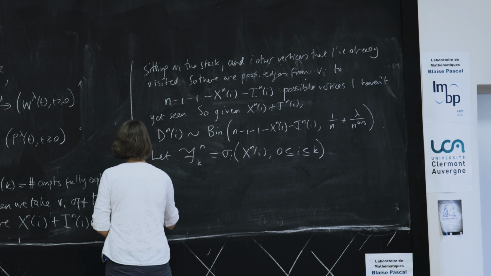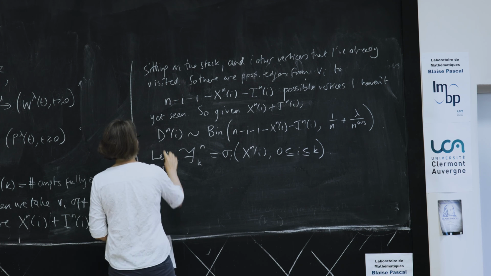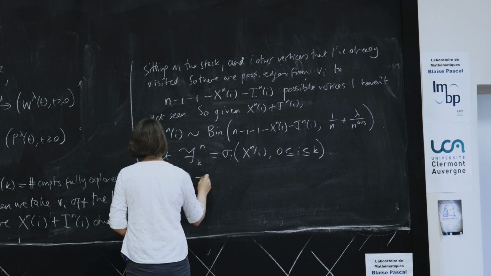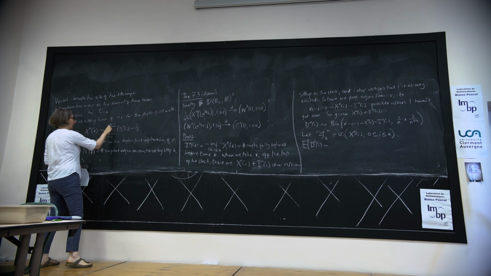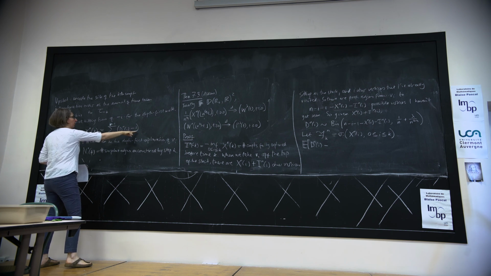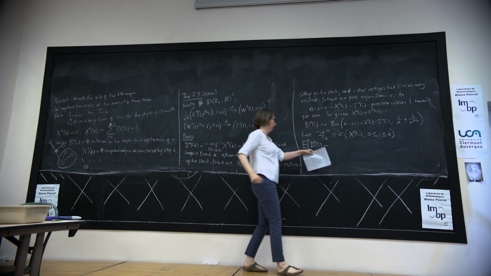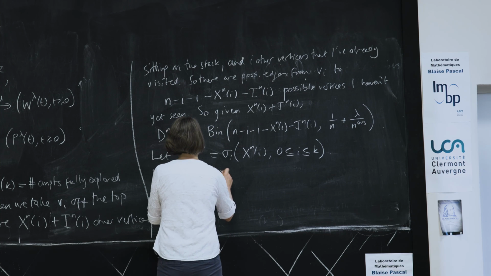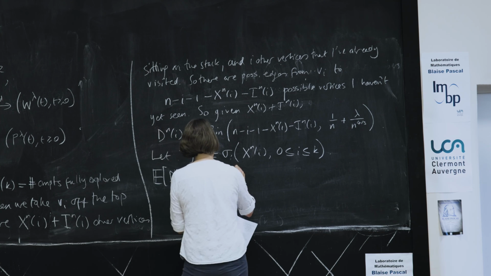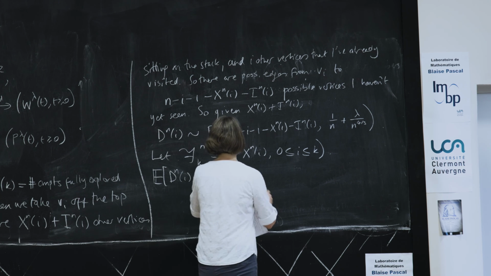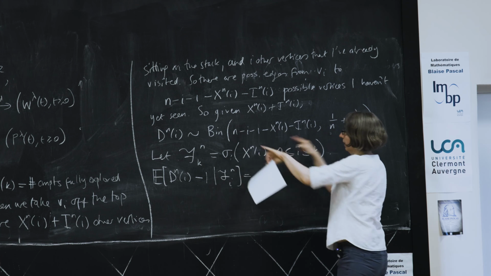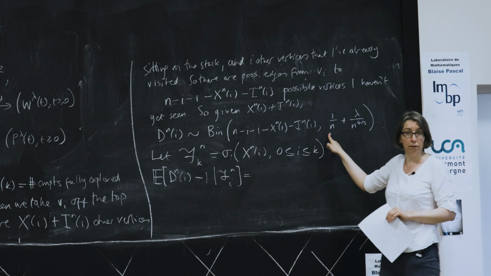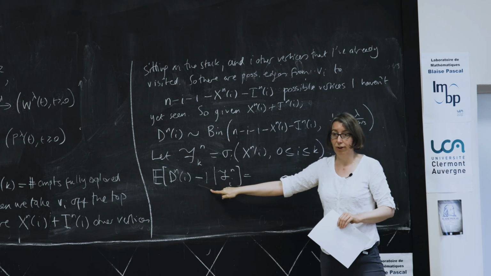So what I want to do is think about the conditional expectation of an increment of my process. So what happens at time k, sorry, this was k minus 1. So d_n(k minus 1) minus 1. Let me think about this at point i. If I think about the conditional expectation of that random variable, there's a term that's giving me a 1, which is basically this n times 1/n, and that I'm subtracting off here.